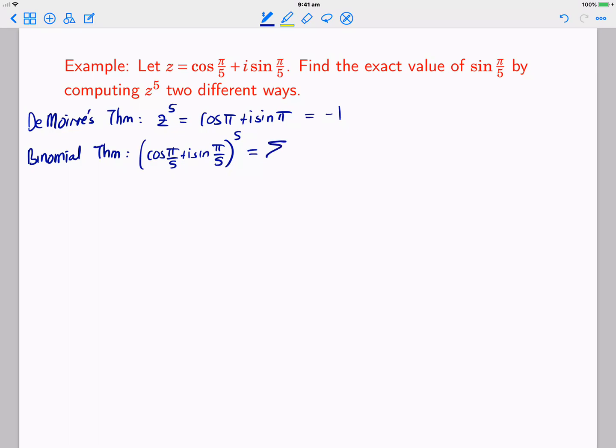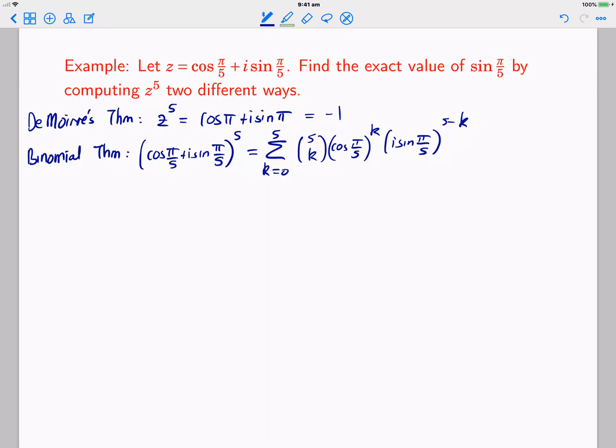It's just the formula which you can easily look up online. But if you apply it, you get this: the sum from k equals 0 to 5 of 5 choose k, cos pi on 5 to the k, and then i sine pi on 5 to the 5 minus k. So then what you do is you just expand this.